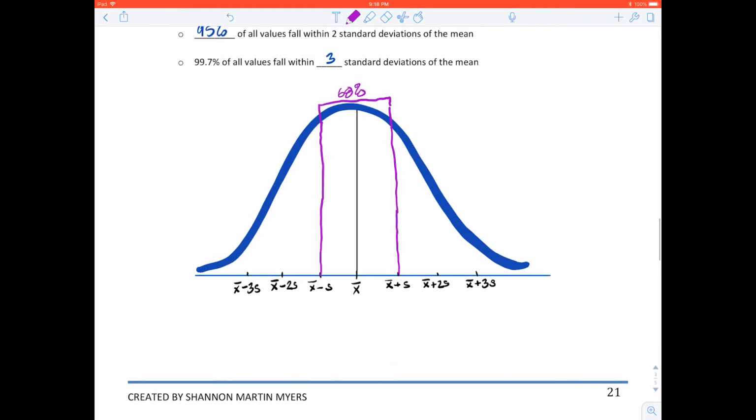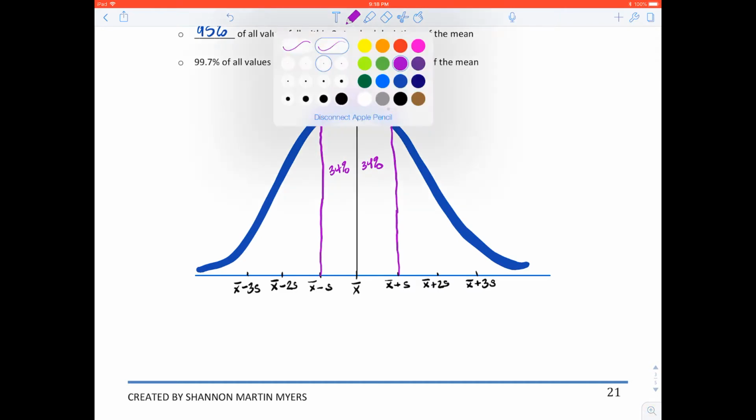Now, when we look at other values, well actually, let's look at this. It's cut exactly in half. So do you see we would have 34% on either side, right? So keep that in mind.